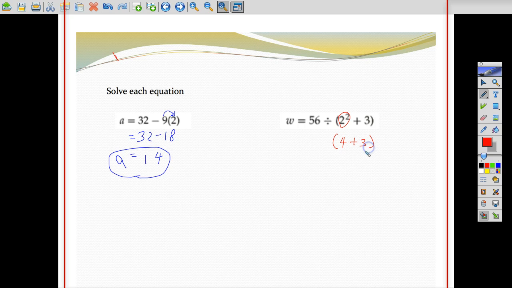This is still in parentheses, so you still have your 56 divided by, and the 4 plus 3 became 7. And for your final answer, what is 56 divided by 7? 8. All right, so there's your final answer, and then we're going to move on.